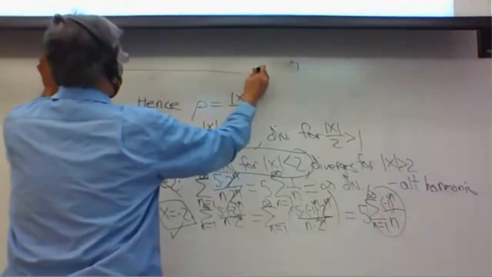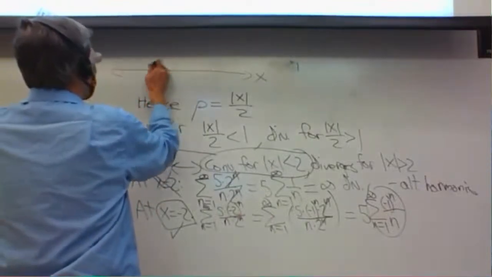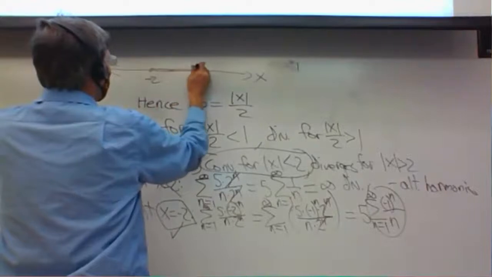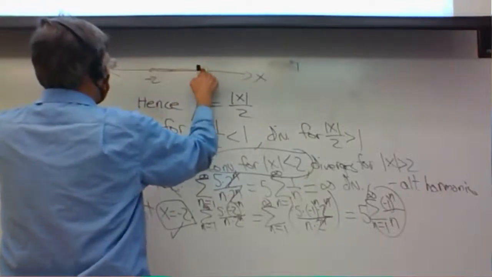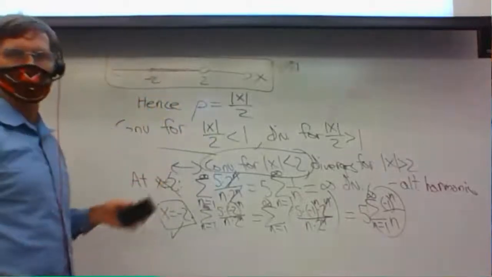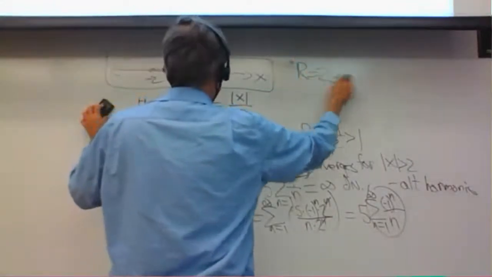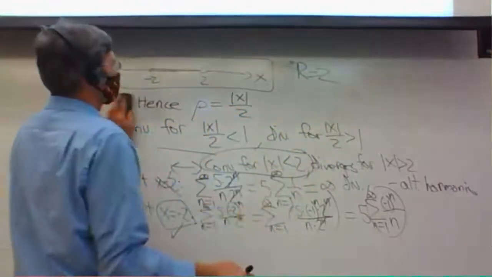If you want to draw it, you can write the answer like this. It converges at negative 2 and out to plus 2, but it does not converge at 2. So there's an answer if you want to do a sketch for the answer of the interval notation. And then the radius of convergence is equal to 2 by this statement.